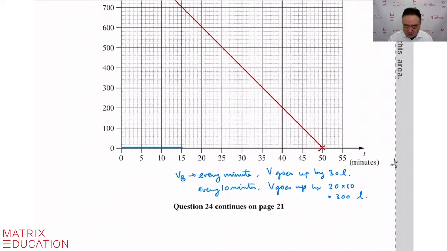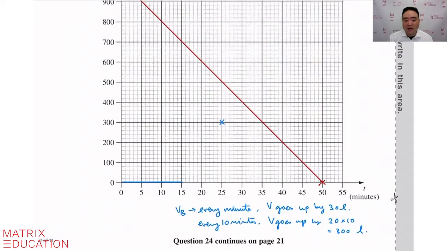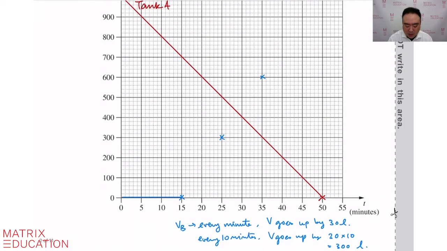After 10 minutes, between 15 and 25, the water should go up by 300. So we have this point here. And after another 10 minutes, between 25 and 35, that should go up by another 300. Now we have two points. Don't forget that you have this point as well, so we can just draw the line across these three points.